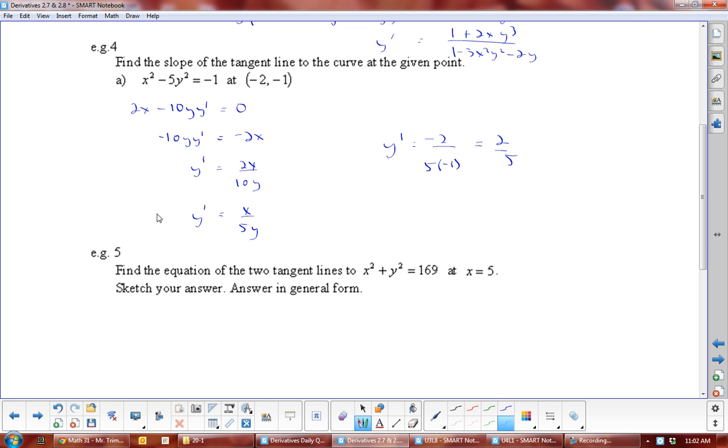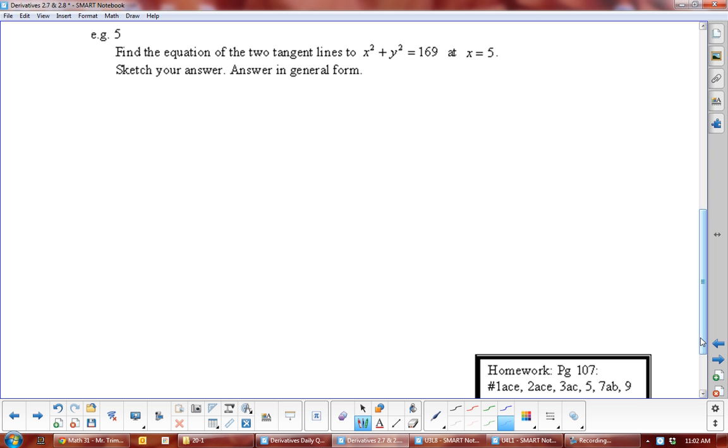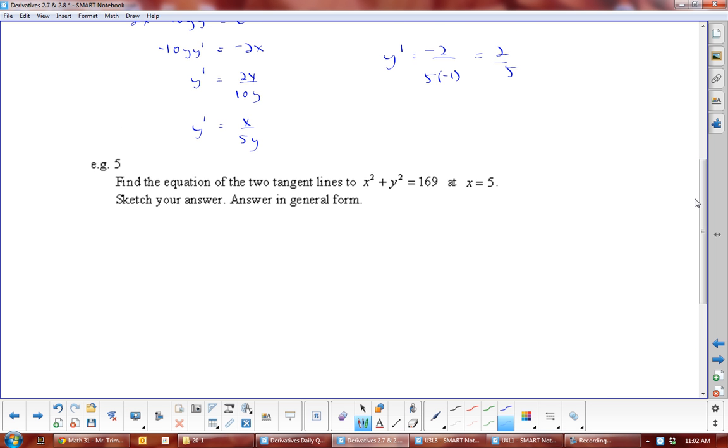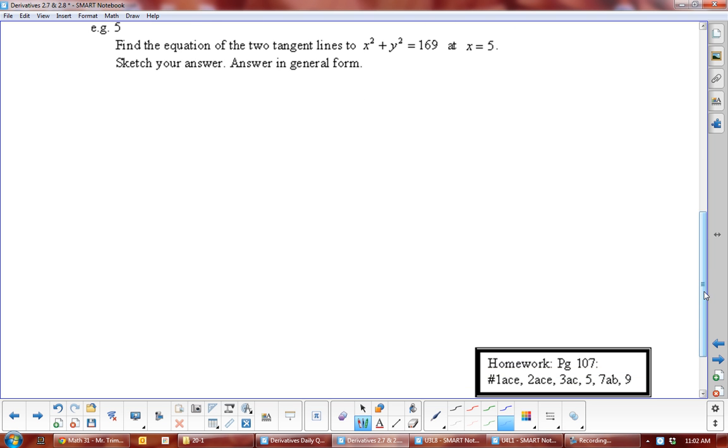Now example 5 is really going to help solidify all this stuff because you'll have a picture to look at as well. Everyone got that down? Okay, so it says, find the equation of the two tangent lines to x squared plus y squared equals 169 at x equals 5.